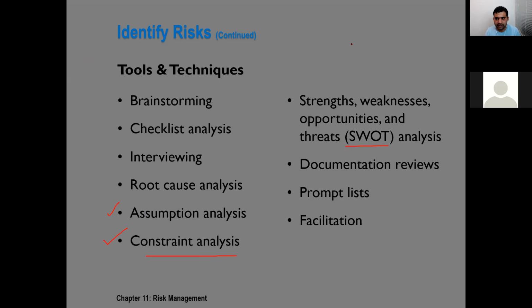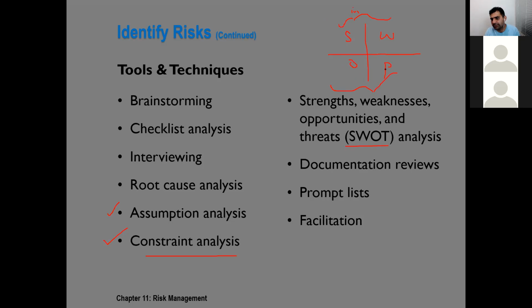Anybody of you use SWOT analysis? Yeah, so it could be used for different purposes, and one of the purposes is to identify the risks. For the people who don't use SWOT analysis, obviously they know that it means strengths, weaknesses, opportunities, and threats. Strengths and weaknesses are internal to the team, internal to the organization.